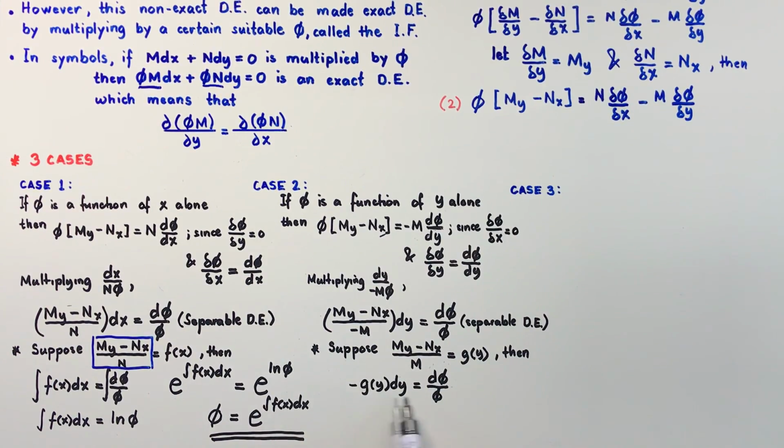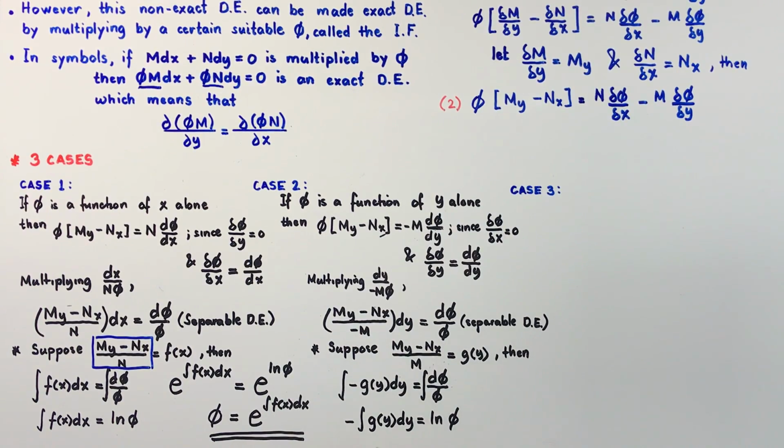And because the variables are now separated, we can take the integral of both sides of the equation. So we have the negative of the integral of g of y dy is equal to the natural log of phi, because we know that the integral of the differential of phi over phi is the natural log of phi.